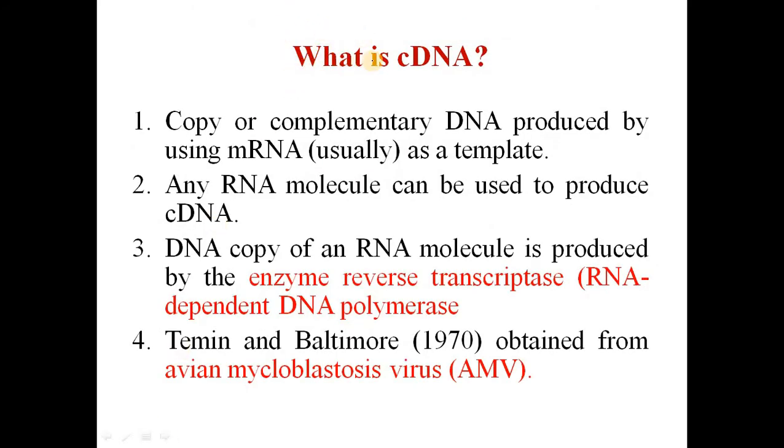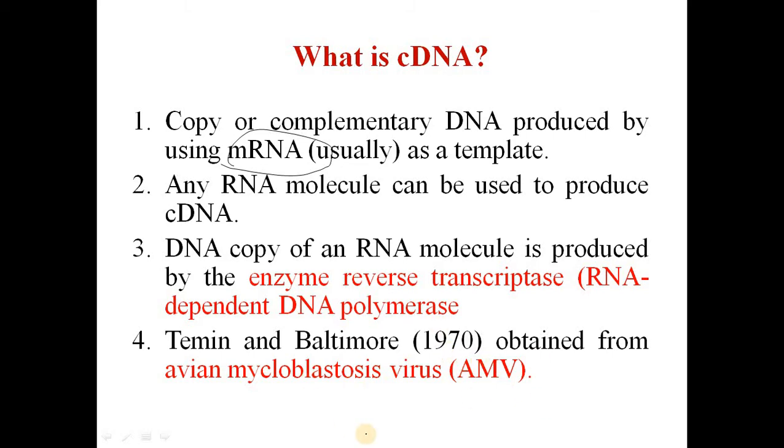Then what is cDNA? This is a copy or complementary DNA, and it is produced by using mRNA, or messenger RNA. Any RNA molecule can be used, but mRNA gives good results.